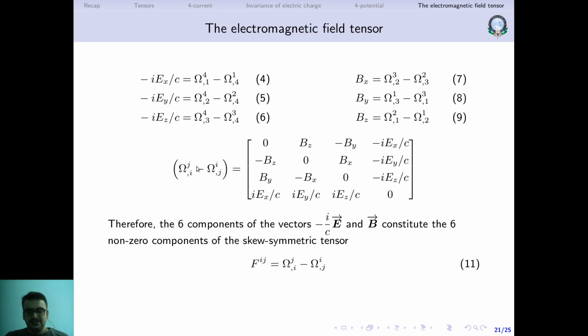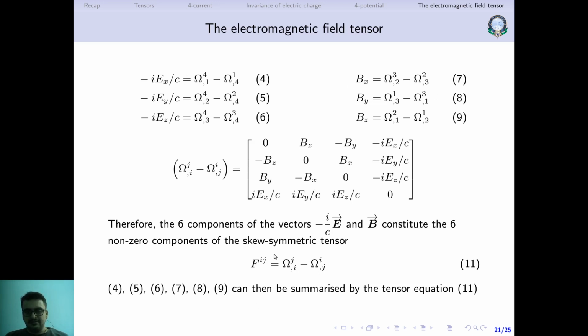And this skew symmetric tensor, that is omega j comma i minus omega i comma j, we write it as Fij, and we can say that these 6 vector component equations, we can summarize them with a single tensor equation. Fij is equal to omega j comma i minus omega i comma j, and this Fij is what we call the electromagnetic field tensor.